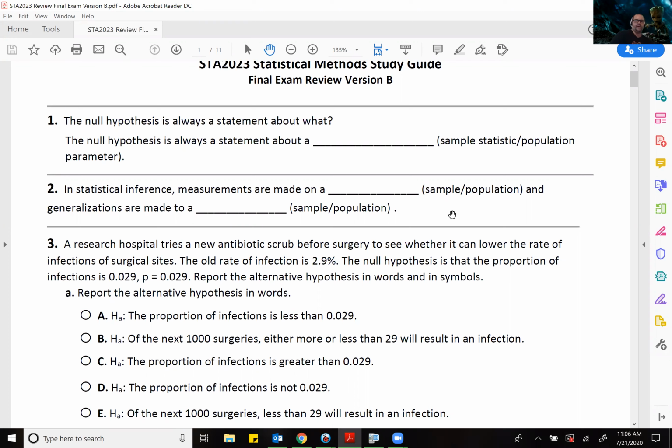So when we do measurements, that means we're actually collecting data and figuring information out. So when you actually collect data, that's all about the sample. So in this first one, measurements are made on a sample. And in the second blank, generalizations are always about the population. Because most of the time we don't know the population information. And so we generalize about it. Okay? So there's that piece.